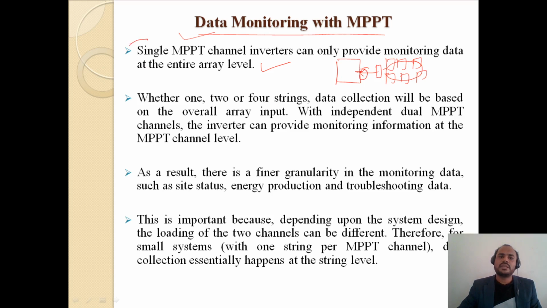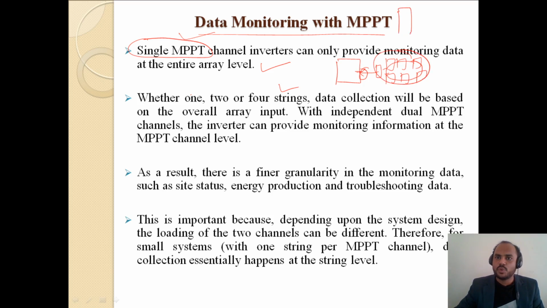Whenever our inverter has only a single MPPT channel connection, whether 1, 2 or 4 strings, data collection will be based on the array level input. So here we don't have the string level monitoring granularity. In short, we can monitor just the whole array level over here.